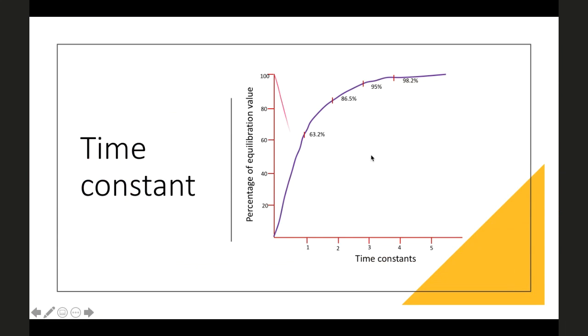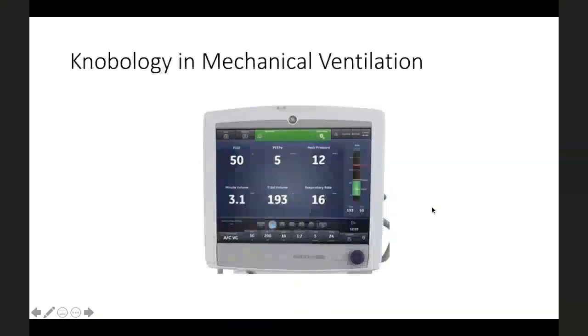So the same applies during passive exhalation also. After one time constant, almost 63.2% is exhaled. So what is remaining is maybe around 37%. Similarly, after 2 time constants, you must have exhaled around 86.5%. 3 time constants, 95%. So again, we'll come to this point when we are discussing COPD ventilation.